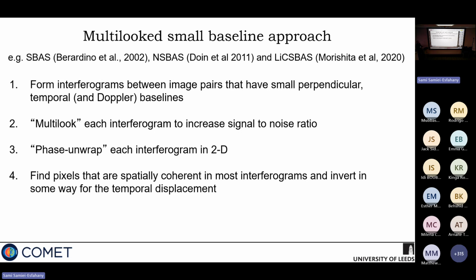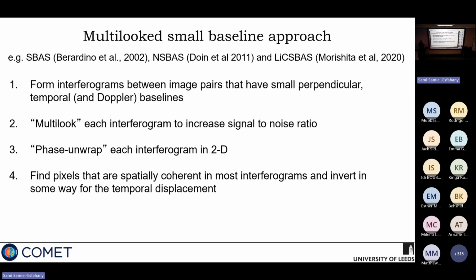So you make these interferograms, you can multi-look them, which you'll have learned about at lunchtime. You can unwrap them using standard two-dimensional unwrapping methods. And then you can find pixels that are spatially coherent. So you can estimate the coherence in the standard way we do for interferograms, but then look for pixels that have good or reasonable coherence in most interferograms.